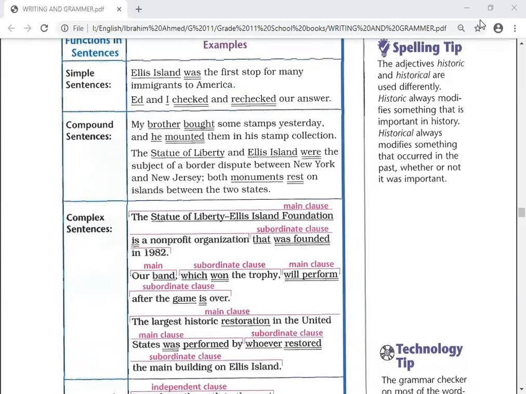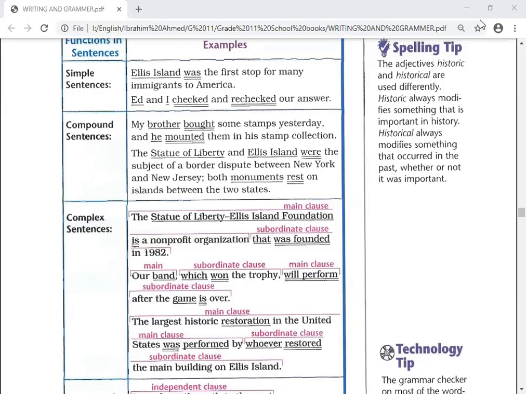We have a comma and then and, a conjunction. He mounted, subject, verb, them in the stamp collection, another independent clause. So again, a compound sentence consists of 2 independent clauses joined by a conjunction.